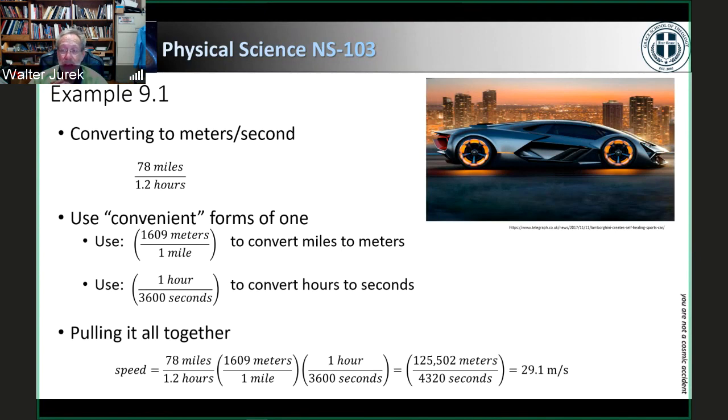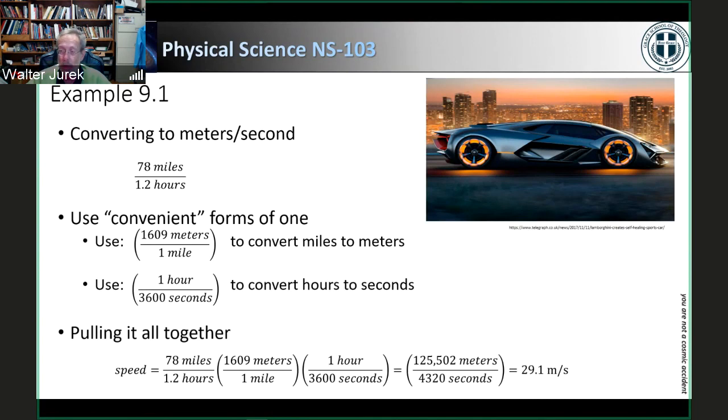So I'm going to be left, once I do all the math on my calculator, with an answer in meters per second. So in my calculator, I take 78 times 1609 divided by 1.2 divided by 3,600. Oops, I only hit divide once. 78 times 1609 divided by 1.2 divided by 3,600.